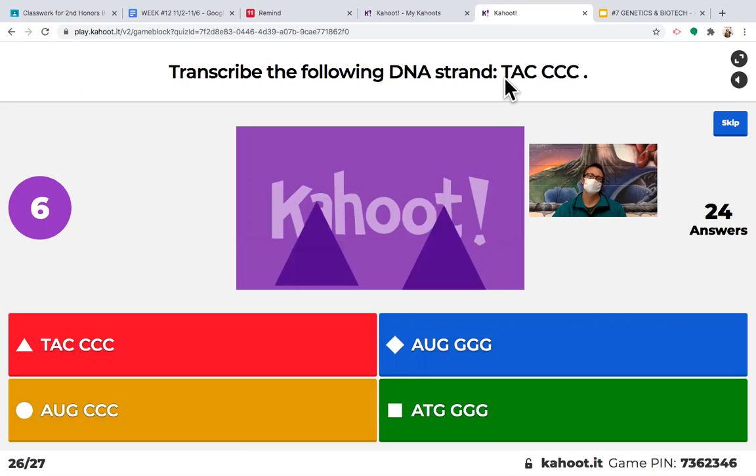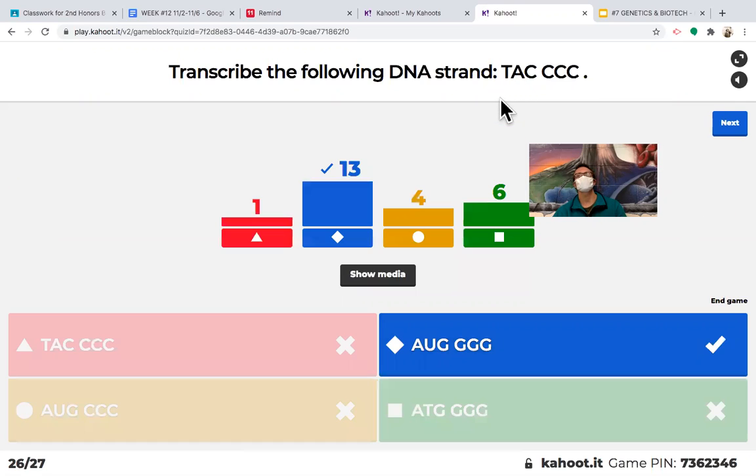Who pairs with T, A, who pairs with A. You want to say T, but you have to remember that we're talking about RNA, so it's going to be U. So it'd be A, U, G, G, G, G.